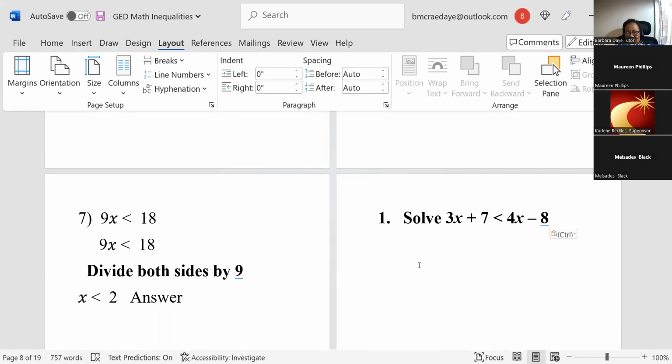Subtract. Subtract what? 3x from 4x. Ah, I got going wrong. Remember, I'm trying to get all the x's on the same side. So how do I get this 4x on the left side? Okay, by bringing the 4x down to the 3x.